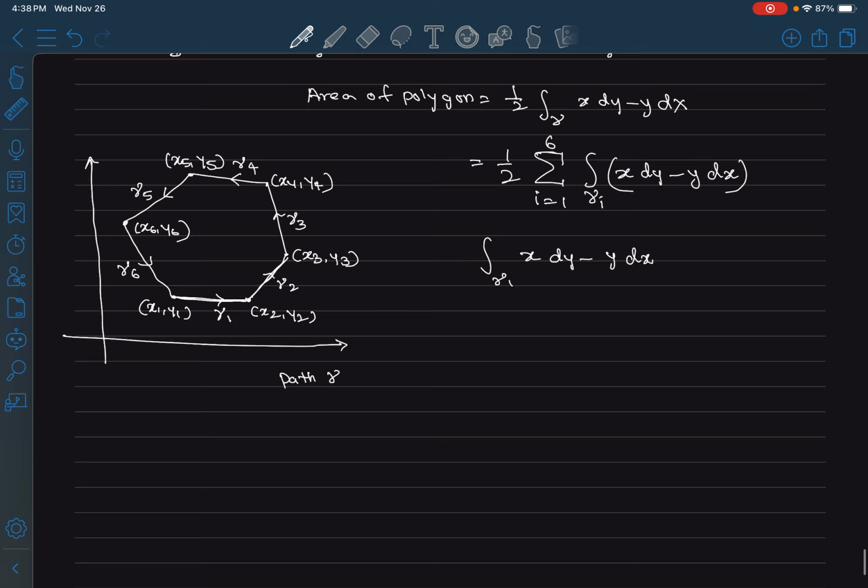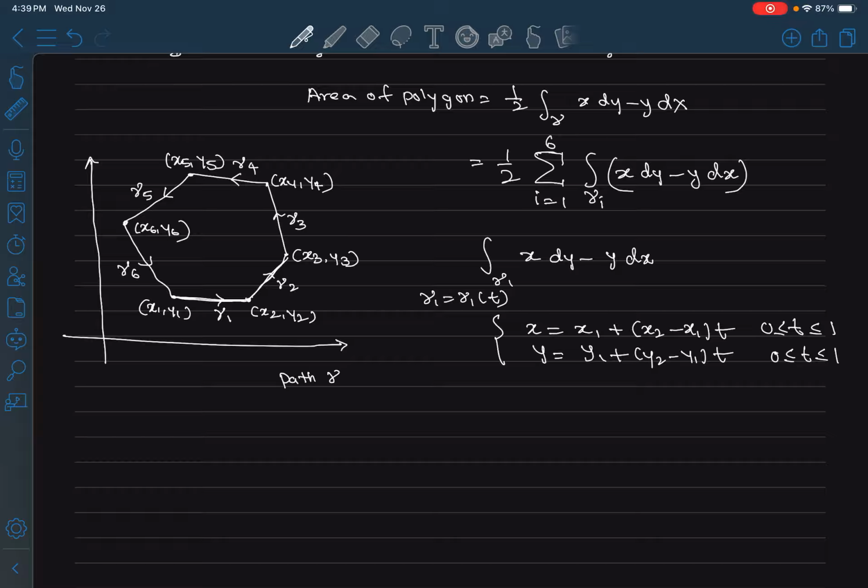Along the curve, x will be x1 plus (x2 minus x1) t, where t goes from 0 to 1, and y will be y1 plus (y2 minus y1) t. So what I'm trying to do is write this path in terms of t, where t goes from 0 to 1. This is how x and y depend on t.